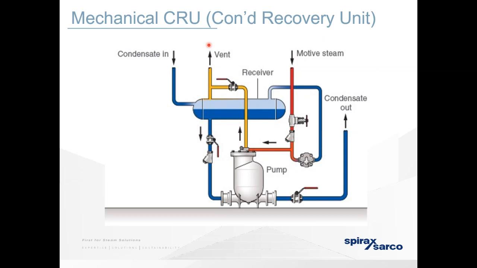You could use it for washdown stations where you need some hot water to clean. There are many other applications where we can recover that. You can even re-energize it using motive steam, so you can bring the pressure up and then use it back in the process. So hopefully that answers that question.